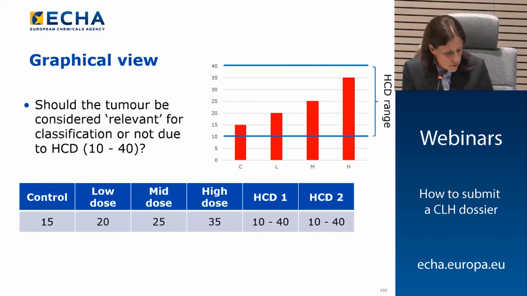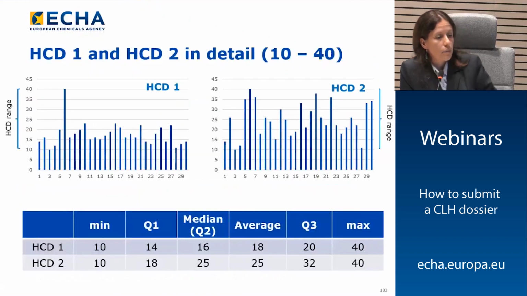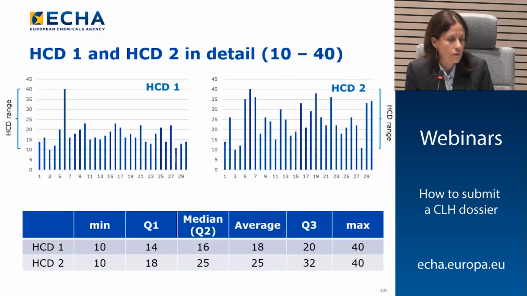A bit of a graphical view is the same data as presented before. As you can see, all our data, the control, all lie within the range of our historical control data. But let's look at the historical control data in detail. On the left one, we have the historical control data 1, on the right side, the historical control data 2.